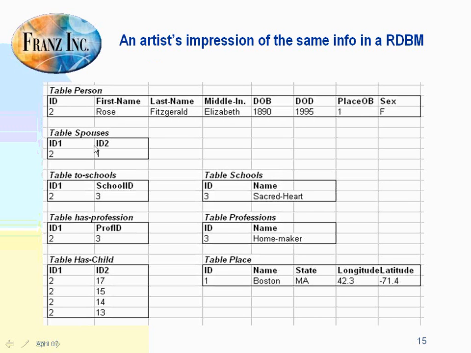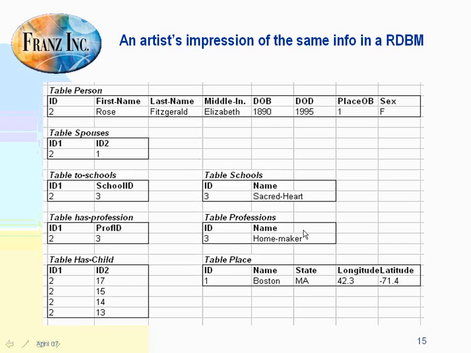And then people can have multiple spouses, so I need an indirect table to tell that person 1 was married to person 2. People might go to multiple schools, so there's a table to link people to schools. People have multiple professions, so I have a table to link people to professions. People have multiple children, so you can use this table.